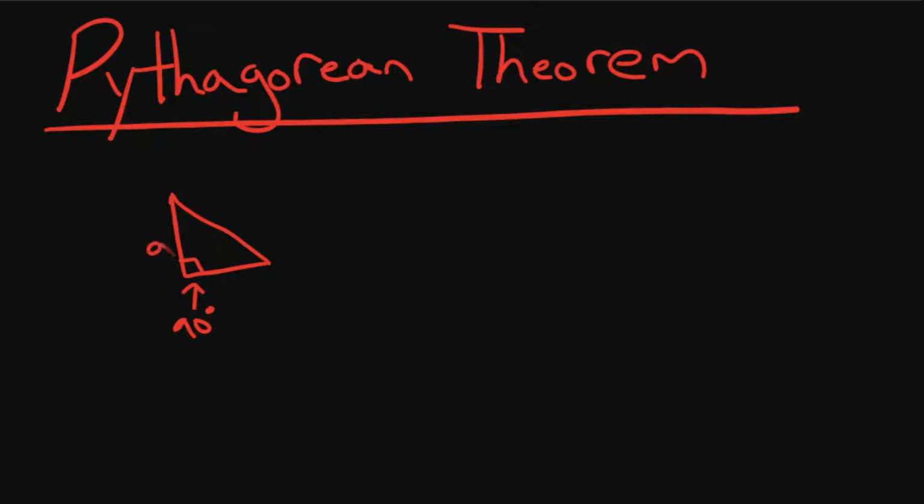So let's call these sides A and B, and the other side C. The two sides that adjoin to create the right angle, the 90 degrees, are sides A and B, and C is what we call the hypotenuse: the longest side of a right triangle, the side opposite to the 90-degree angle.